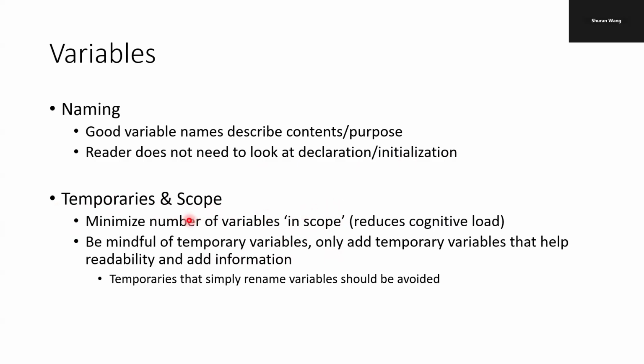In a smaller scope, you just need to know the variables that are in this scope. But be mindful of temporary variables, only add them if they help readability and add information. If they just simply rename variables, don't do that.